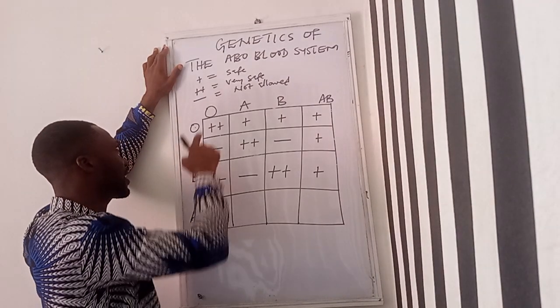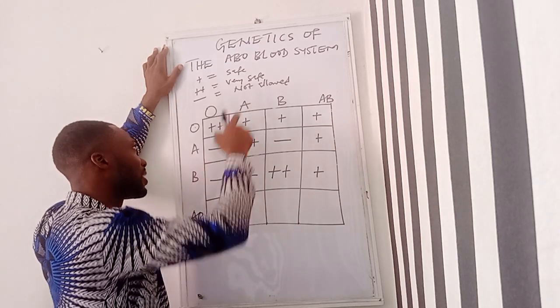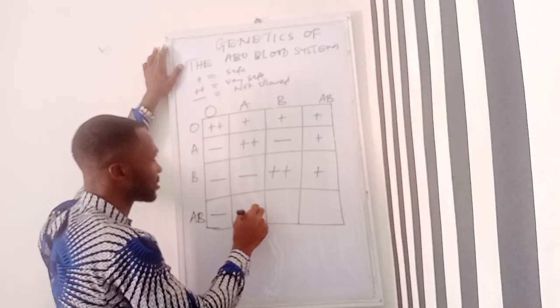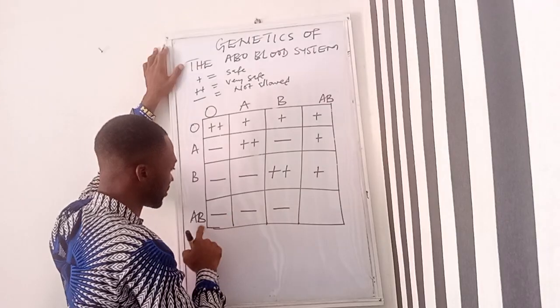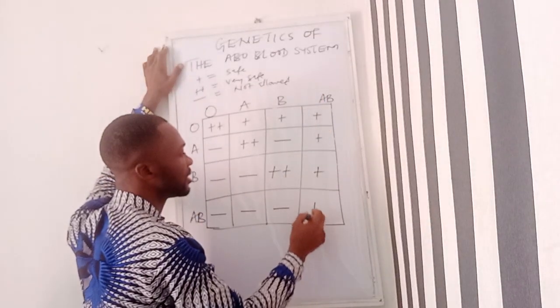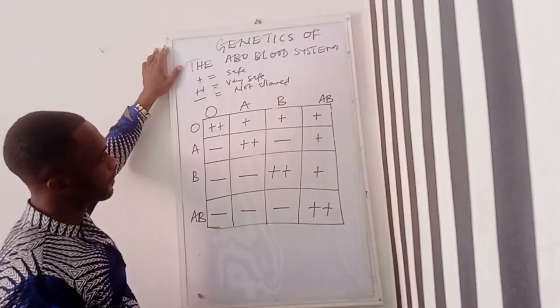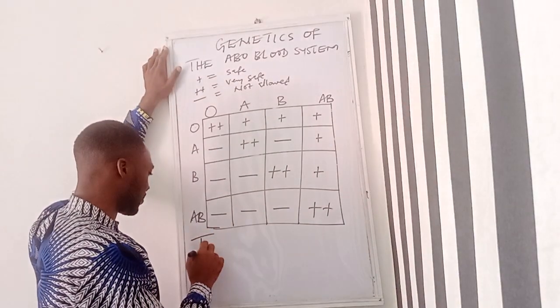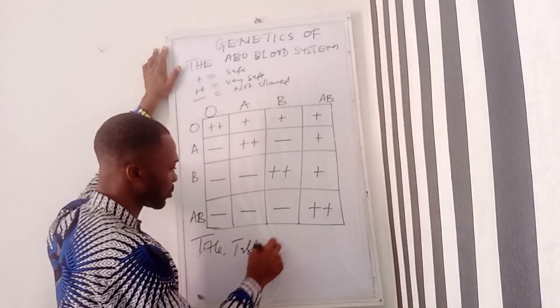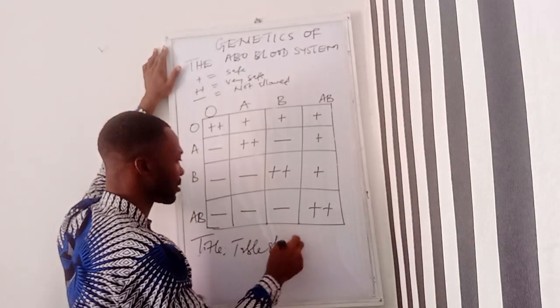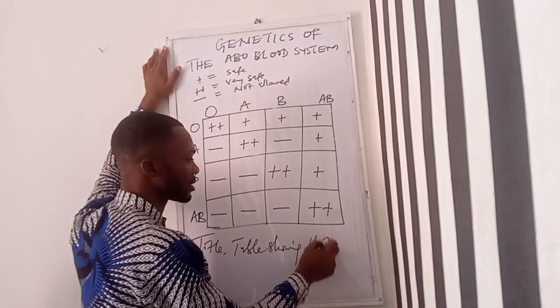Then AB cannot donate to O, not safe. AB cannot donate to A, not safe. AB cannot donate to B, not safe, but AB can donate to AB, very safe. So this is the title: table showing blood transfusion.